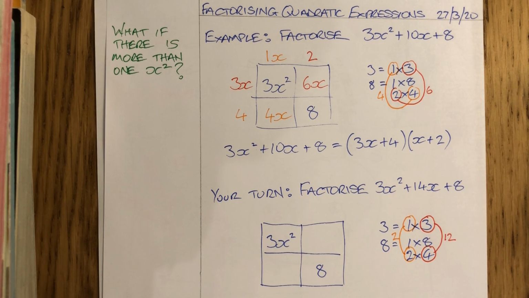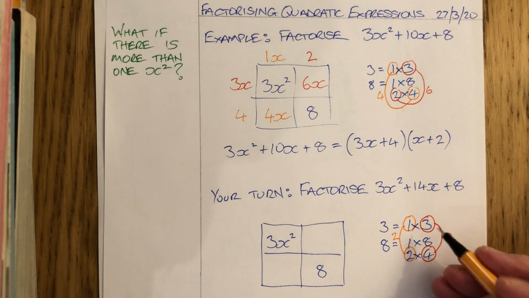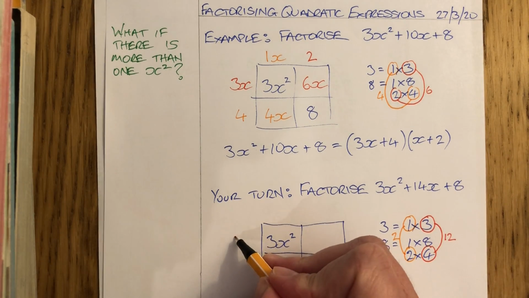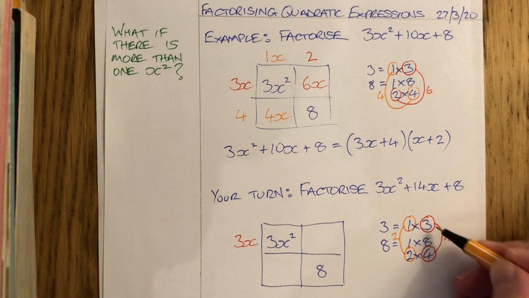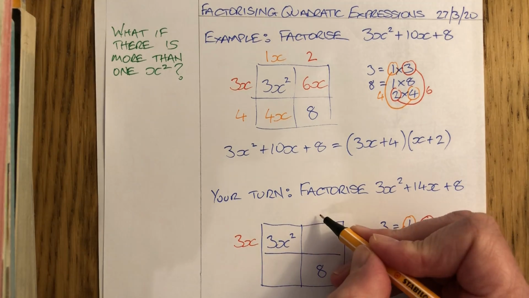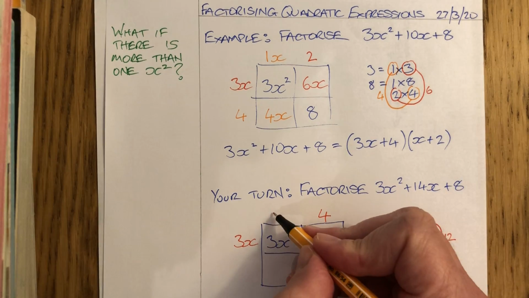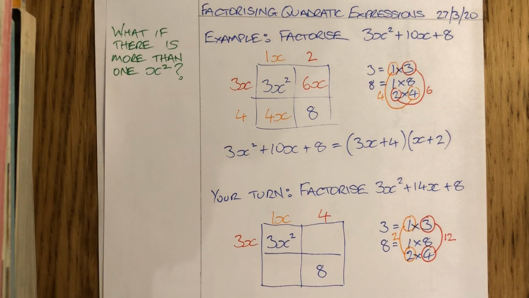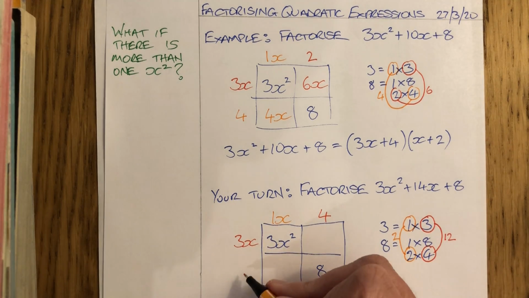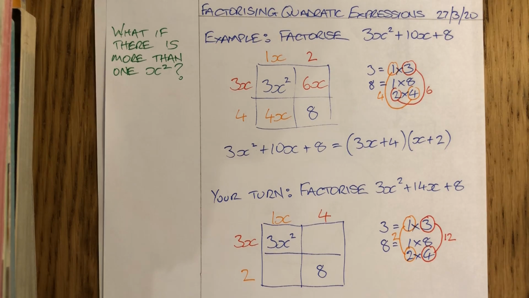Okay, so 3 is 3x. Put it there, and it is multiplied by 4. Put 4 there. 1 is 1x, put it there, miss the 1 out if you like, and it is multiplied by 2, so put 2 there.